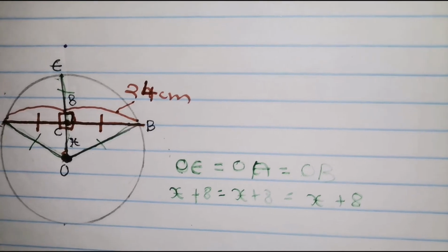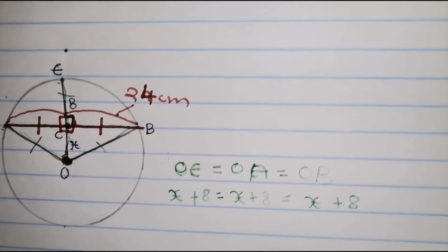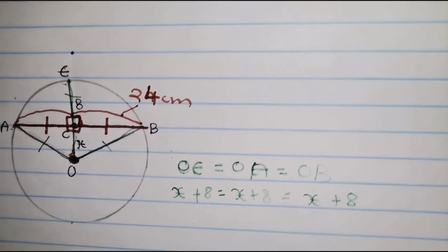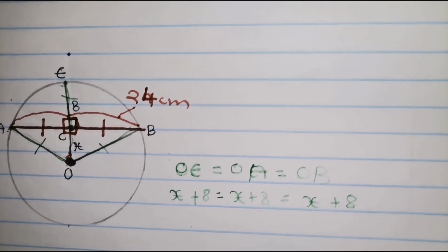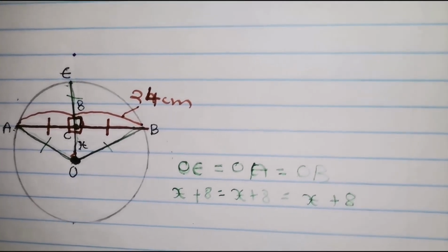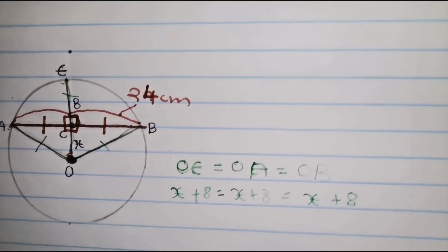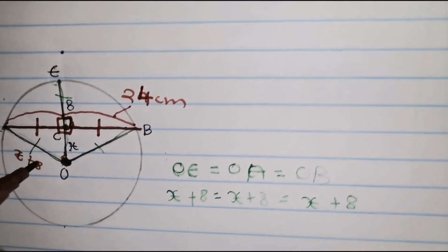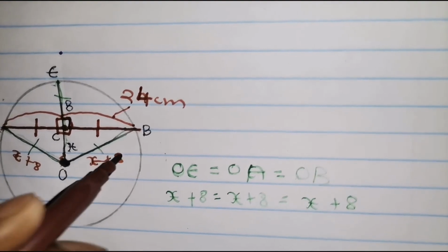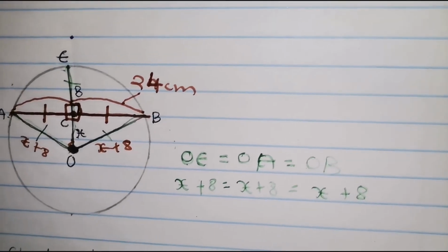I hope you understand what I'm trying to bring about. This means the length of OE is the same as the length of AO and the length of OB. So we have X plus 8, X plus 8.